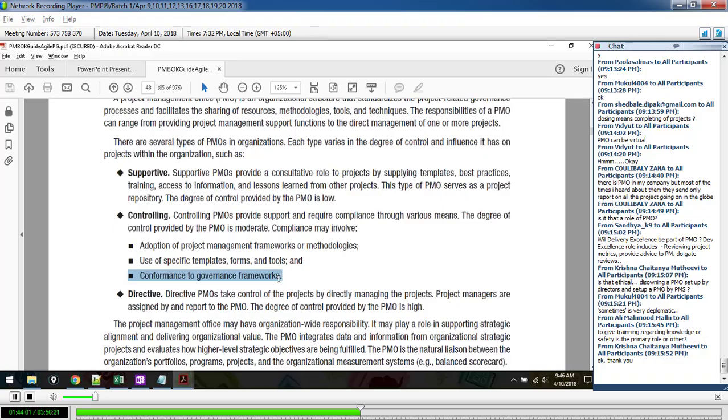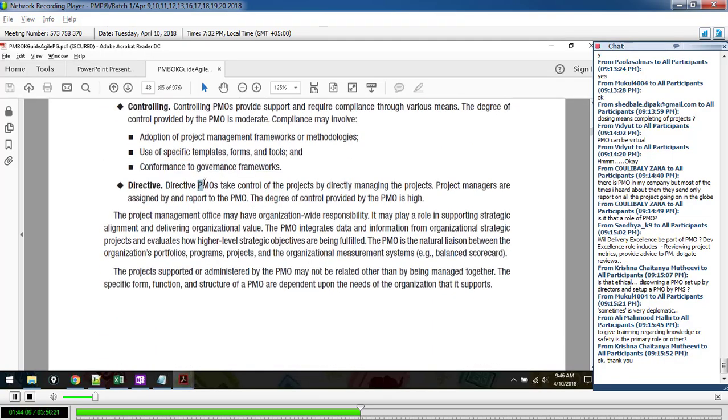That's when you have governance that has to be a big part of your projects. Sometimes PMOs can be directive. And that's where you have project managers assigned to PMOs. In healthcare, they do this from time to time. A lot of healthcare corporations have directive PMOs where they try to centralize their project managers.